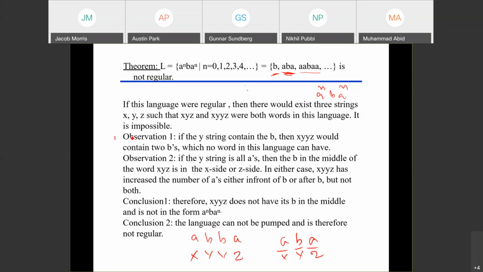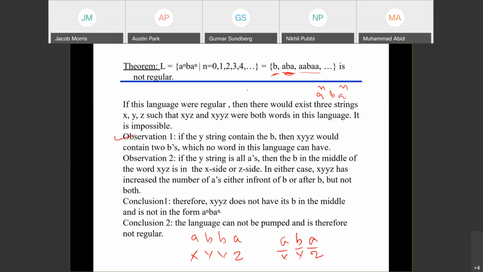So observation 1: if the Y string contains the B, XYYZ would contain two B's. So this is not good. So either this is a non-regular language, or it might be that our initial guess to consider Y is wrong. Let's try to figure out the second scenario of Y.